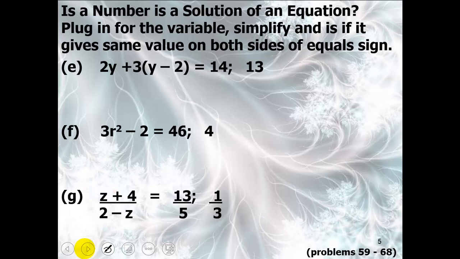All right, welcome back. I'm going to plug in 13 to see if it is a solution. So I have 2 times 13 plus 3 times 13 minus 2, and I'm checking to see if that equals 14. Remember, this is like a question mark, okay? I'm going to start inside my parentheses. So I have 2 times 13 plus 3 times 11.